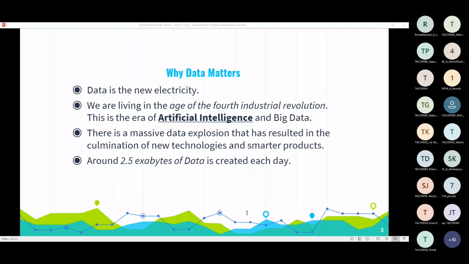We all know about this: we have the sector of data science, the big data analytics sector, and the sector of machine learning. These are all new sectors which have emerged from data only. But still we should know why we need data, why we need industries to process this data, and why data is so precious for all of us.